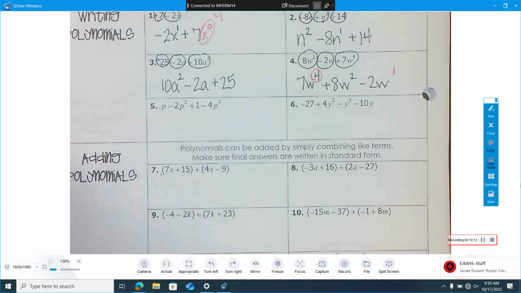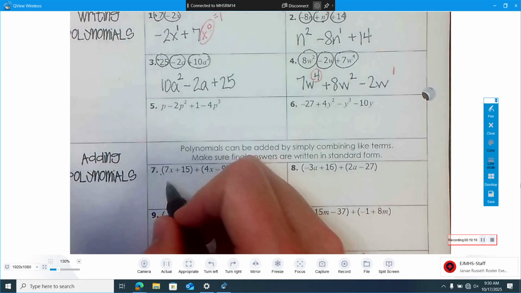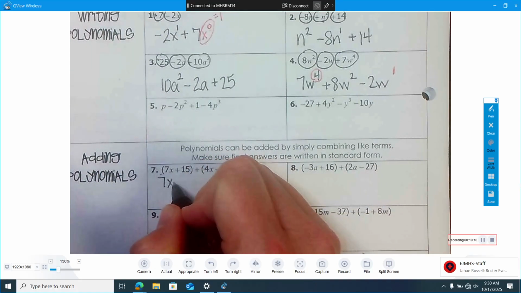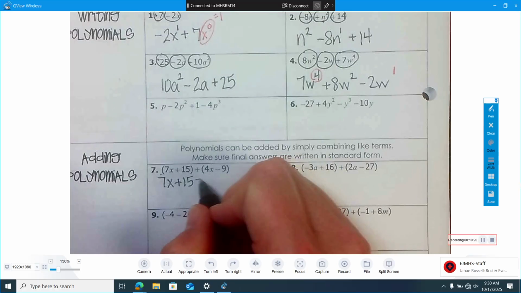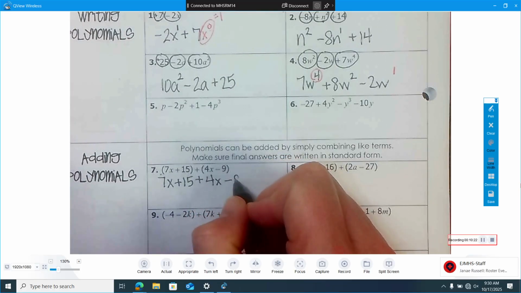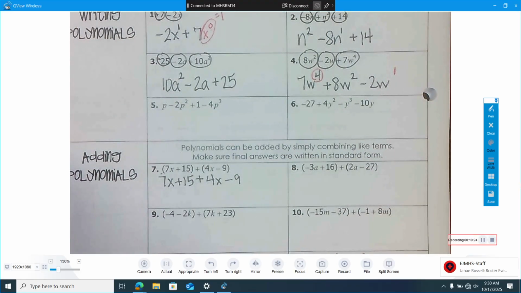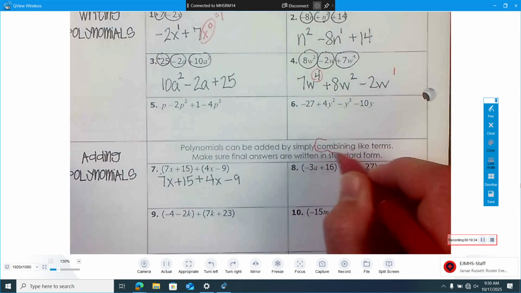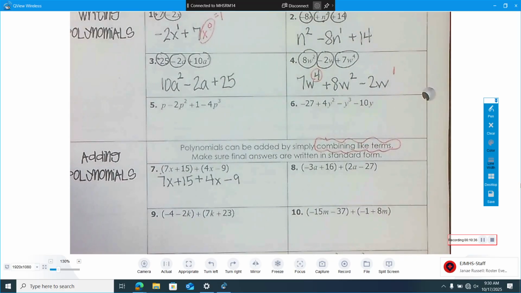These parentheses aren't necessary. So it is simply 7x plus 15 plus 4x minus 9. Those parentheses aren't doing anything important for us, so we can drop them. Now, all we have to do is combine like terms, and that's all we have to do when we're adding polynomials. So we've been combining like terms all week, ladies and gentlemen.